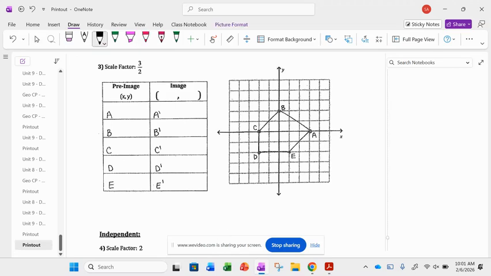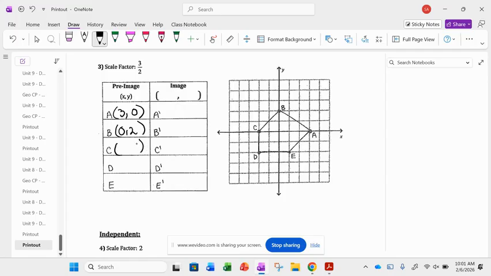So let's write out all of our pre-image coordinates. Jay, give me the first pre-image coordinate. 3, 0. You got it. Jack C, tell me the second pre-image coordinate. 0, 2. Perfect.